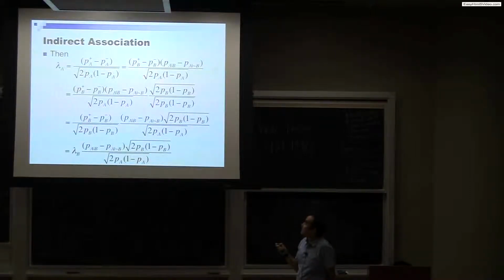What do I get? This. Okay, so then what do I do? What am I doing here? What do I want to get to? I want to get to something that looks like this guy here, because this is the right one. So what do I do here?